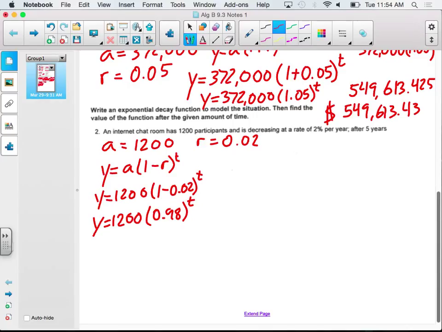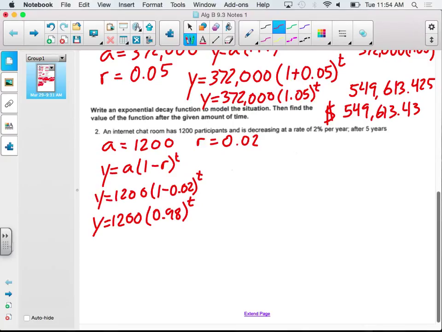Okay, before we move on, we wrote an exponential decay function. Does this look good to everyone? Our rate is 0.98 because it's decreasing by 2% every year, okay? So after that, our second part of our problem is find the value of the function after the given amount of time, 5 years.